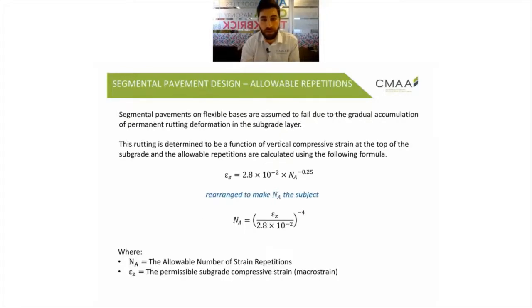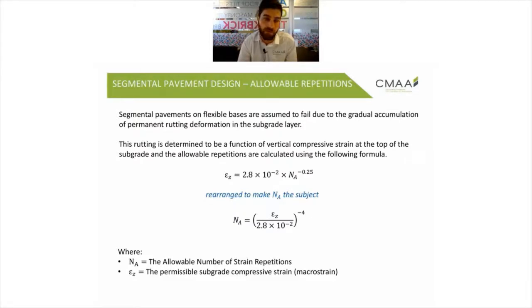And so what we've got here is that Valkyrie formula rearranged to make the allowable repetitions the subject. And so depending on our strain value, keeping in mind as thickness increases, strain decreases, therefore the amount of repetitions essentially increase, we adjust our base thickness to ensure that we've got an allowable number of repetitions greater than our design value, okay?